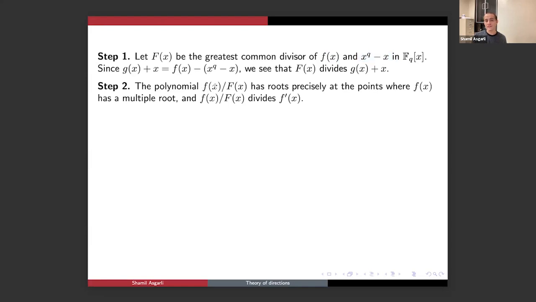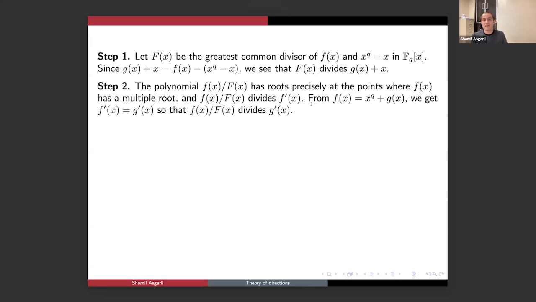So when you take this quotient, you're going to pick up exactly those extra roots, the roots that appear with some multiplicity. But it's a well-known fact that a root of the polynomial which appears with multiplicity is also a root of the derivative. And therefore, lowercase f of x divided by capital F of x must in fact divide the derivative of lowercase f. So that is step 2.